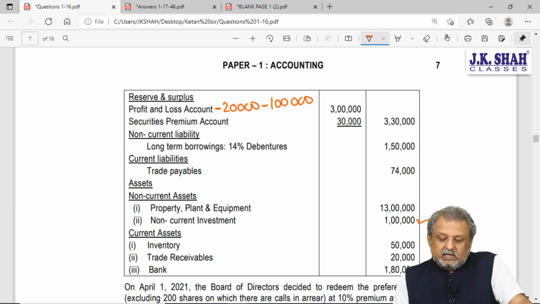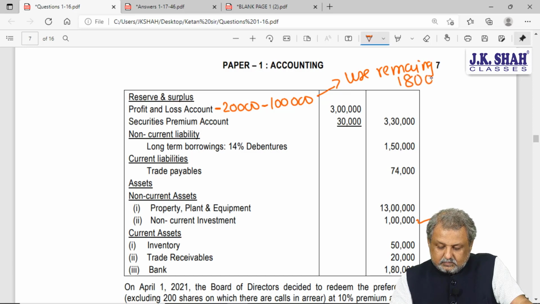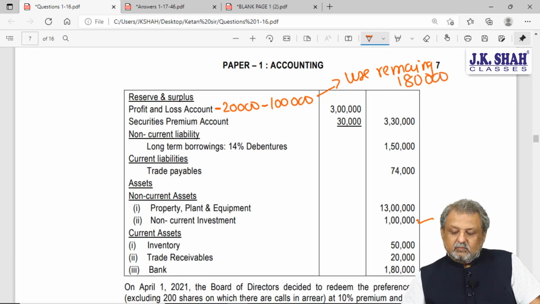From 3 lakhs, 1 lakh 20 goes. So you can use remaining 1 lakh 80.